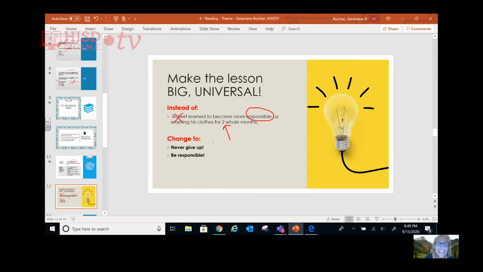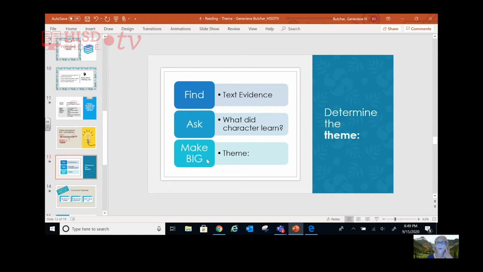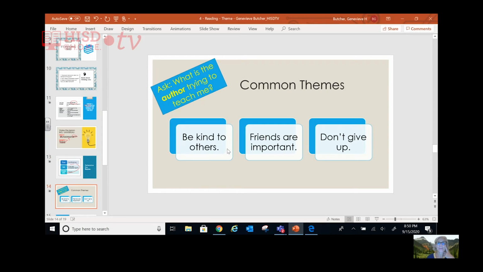So really it got to never give up or be responsible. Something that's a bigger idea that more people can relate to. Okay. All right. So now to determine the theme, you're actually looking for the text evidence, which we're getting to. What did the character learn? And you're making it big. That's how you make the theme.